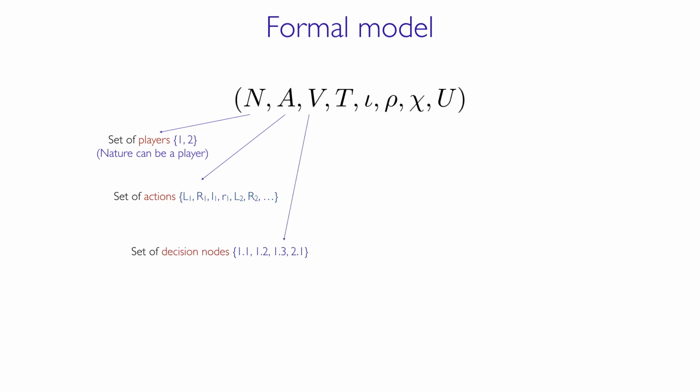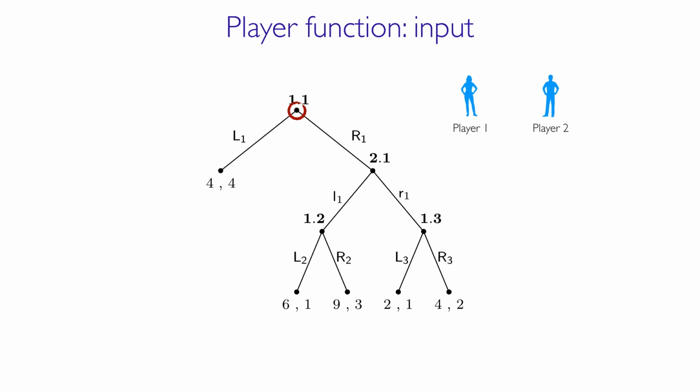V is the set of decision nodes, so for instance 1.1, 1.2, and so on. T is the set of terminal nodes. Iota is the player function, that is the function that, given a decision node, returns the player that plays at that node. So for instance, given decision node 1.1, the player function returns player 1.